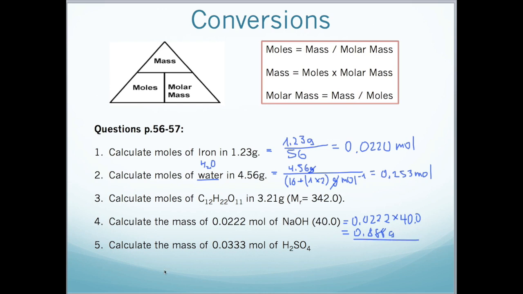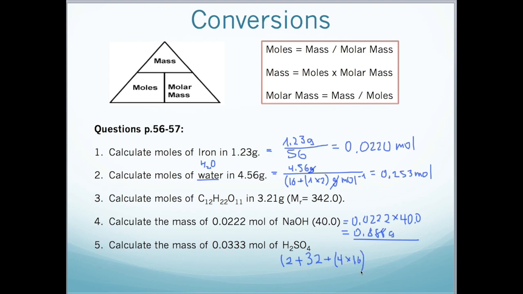And the last one: calculate the mass of 0.0333 moles of sulfuric acid. Again, to calculate the mass, we need to multiply moles by the Mr. In this case, we're not given the molar mass, so we need to calculate that. We've got 2 hydrogens, so 2 times 1 is 2, plus sulfur is 32, plus we have 4 oxygens.